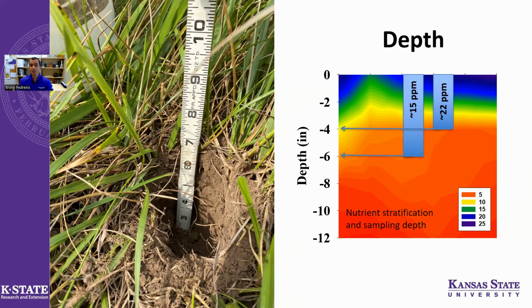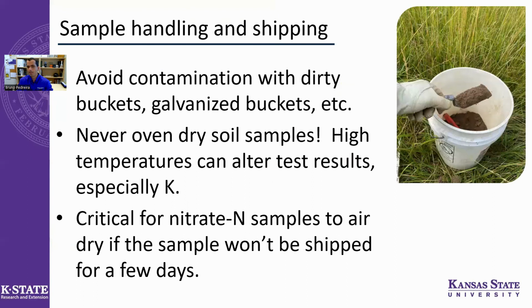And the recommendation for you will be completely different if the number comes up as 15 or 22. So once in a while, you need to check that you are really sampling at 0 to 6, making sure that every soil core is taken from the right depth, so we get a confident number out of your soil sample.